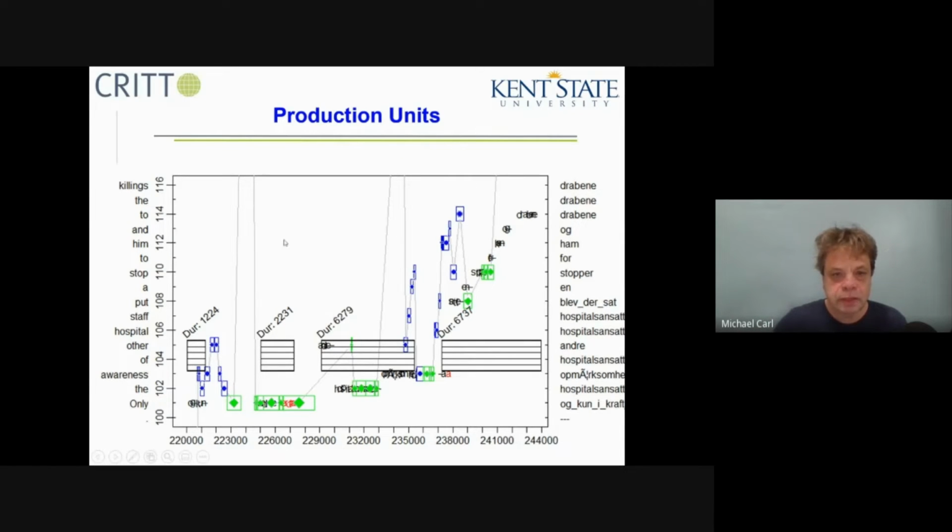So this graph here shows how one translator produces the translation for this particular word.